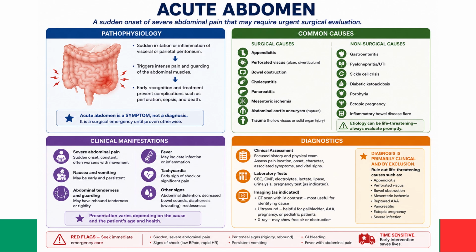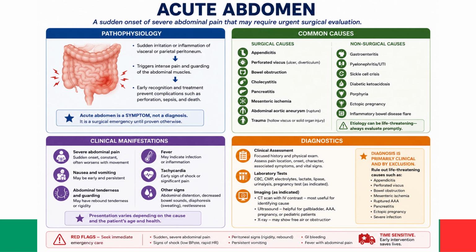So, visceral versus peritoneal pain. This is a useful distinction when assessing abdominal pain. Visceral pain comes from the internal organs themselves. It's often poorly localized and may feel dull, aching, cramping, or colicky. And as inflammation begins involving the parietal peritoneum, the pain tends to become sharper, more severe, and much better localized.